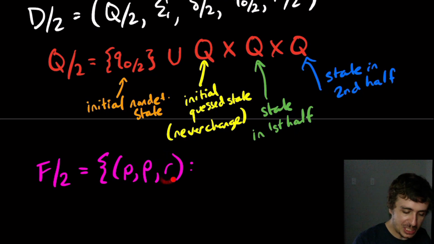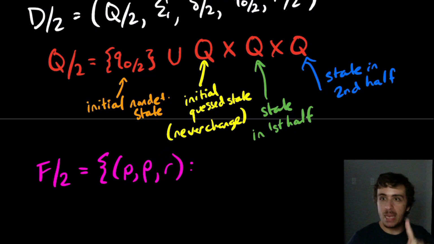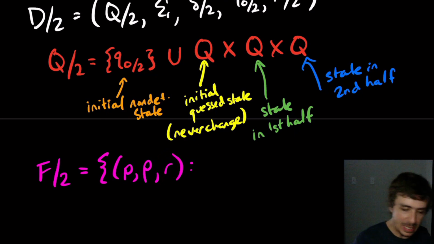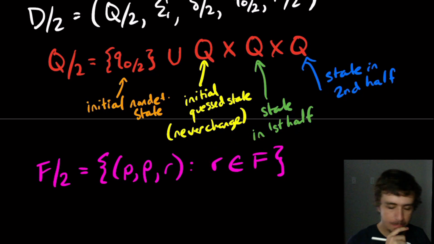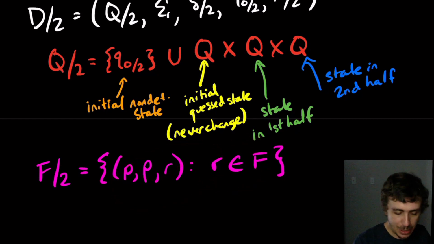And this state right here better have been an original final state in the D machine. So R was a final state in the original DFA. Okay, so that handles that.